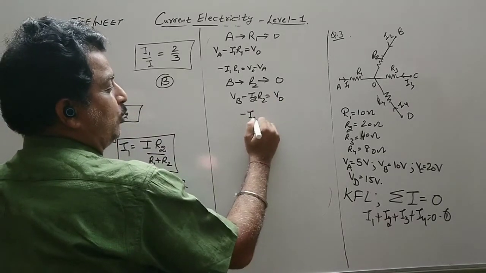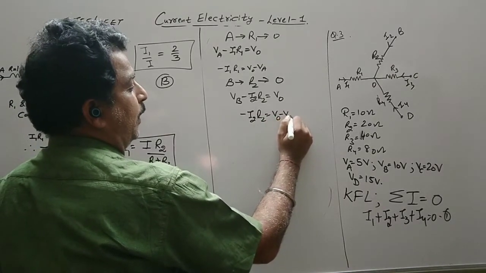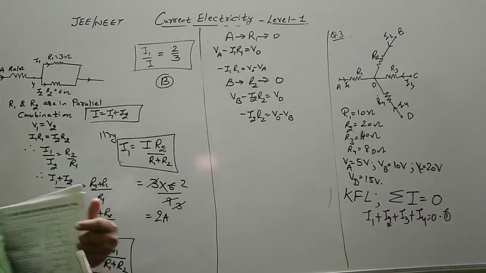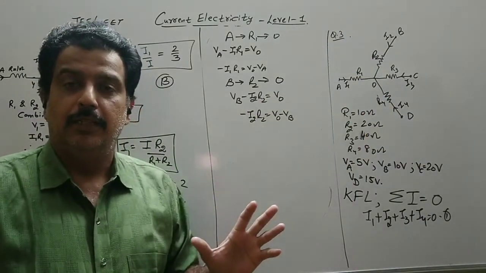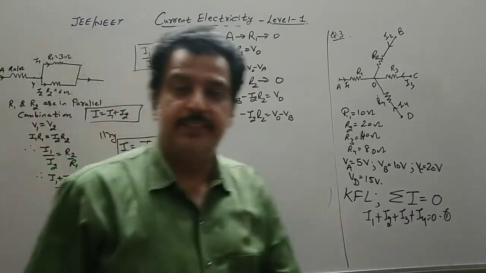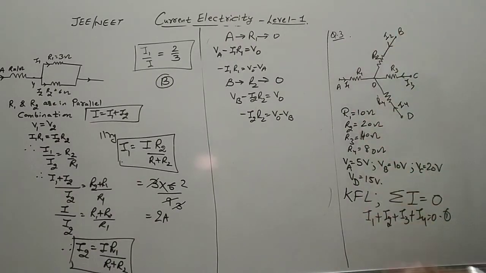So minus I2 R2 is equal to V0 minus VB. We are assuming that the direction of the current given is correct. But if we know the potential at point O, then we can find out the correct direction.